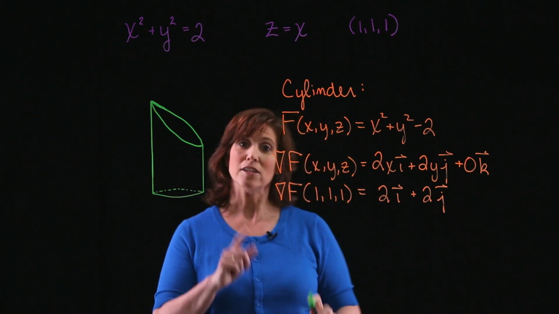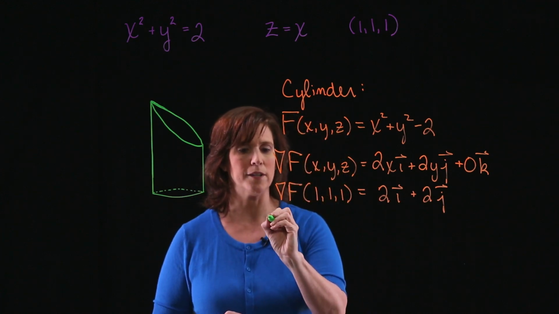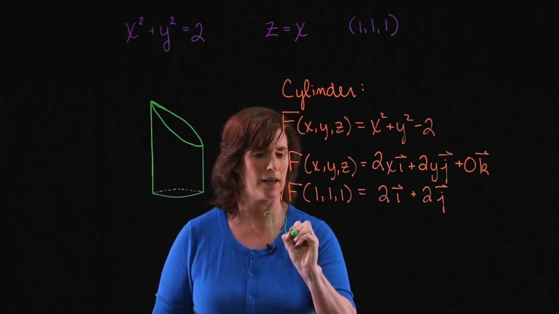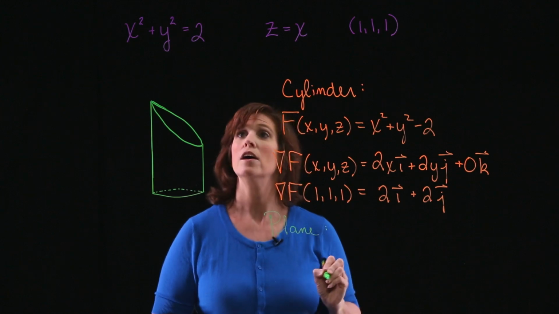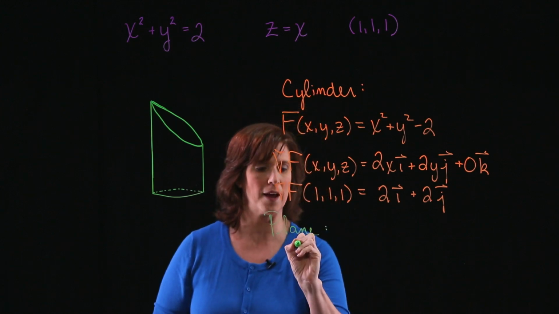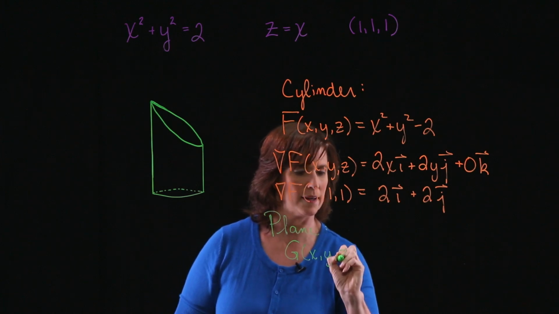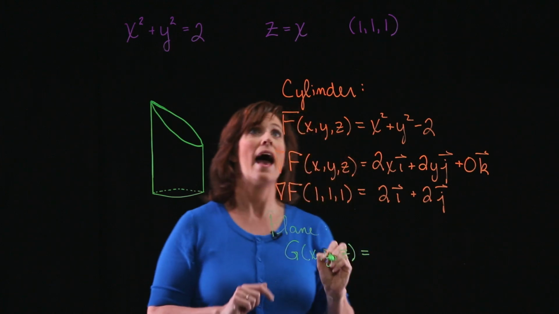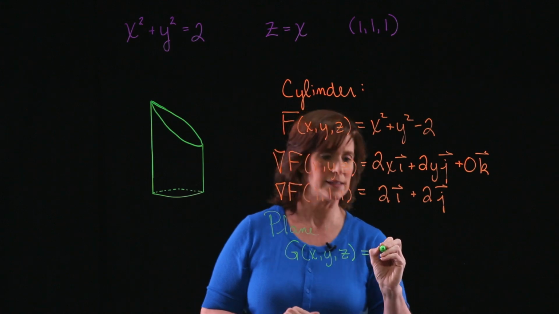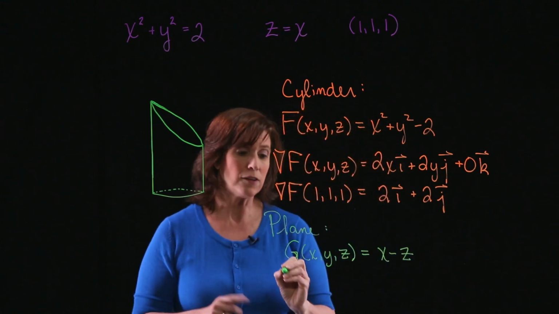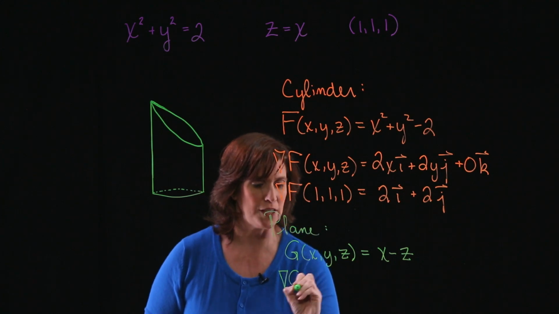All right, now let's do exactly the same thing, but we're going to look at the plane. For my plane, I'm going to create a function g of x, y, z, and it's going to look like x minus z. And I'll look at the gradient of g.